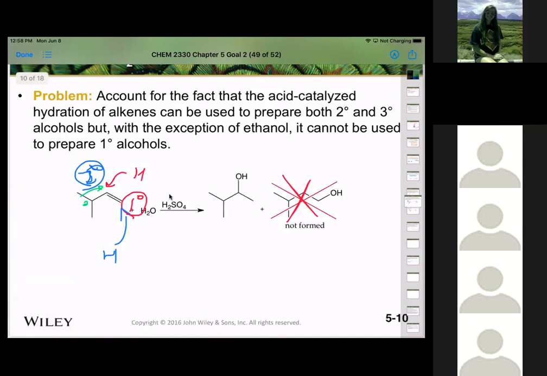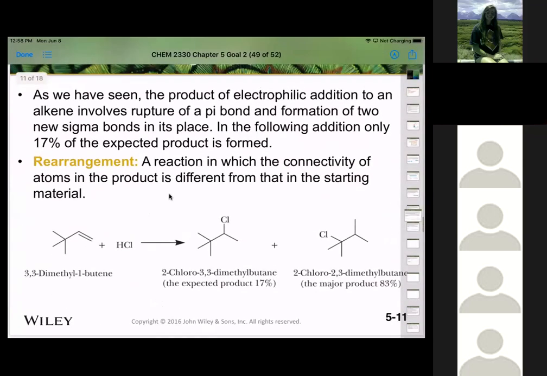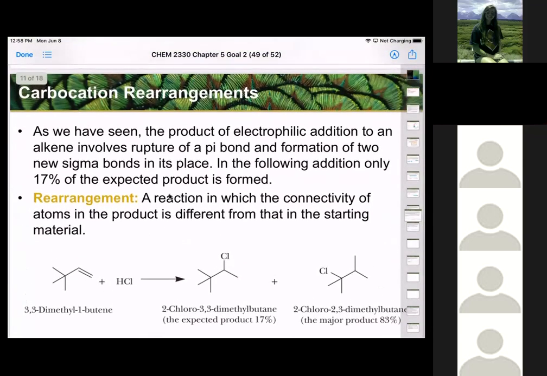Okay, let's look at this again. In this case here, we do see pattern number 4, rearrangement. But again, when we add our hydrogen to our side here, because that gives us our secondary carbocation, we have the opportunity of moving a hydrogen. Oh, wait, hold it. We don't have a hydrogen next to there.